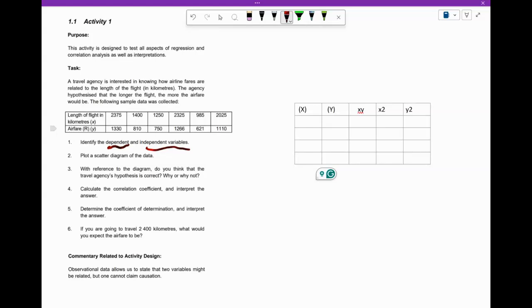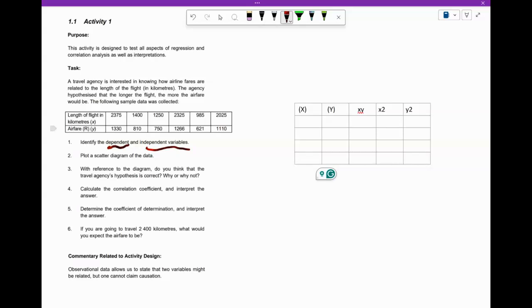So if we look, the two variables that we have, or the two things we're trying to look into, is that of what? You guys tell me. What are the two things that we're actually looking at in this particular question? Yeah, the kilometers of the flight and the airfare, or the cost of the flight, isn't it?